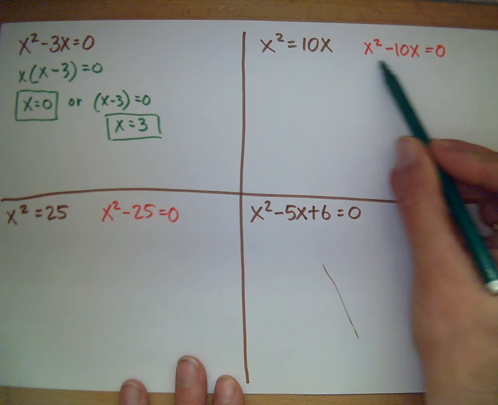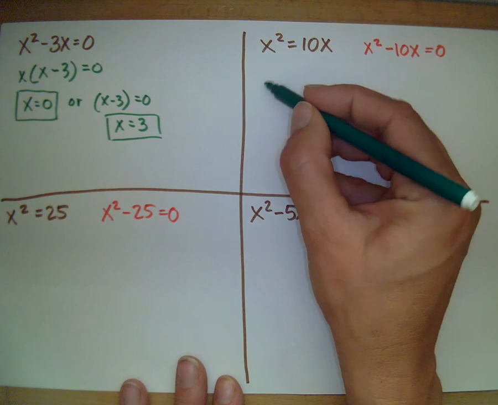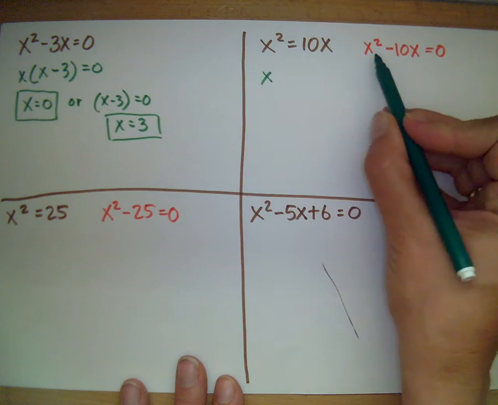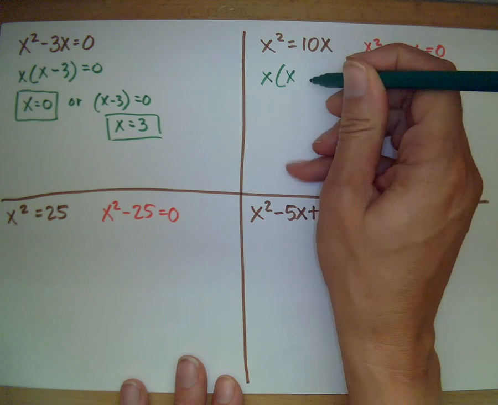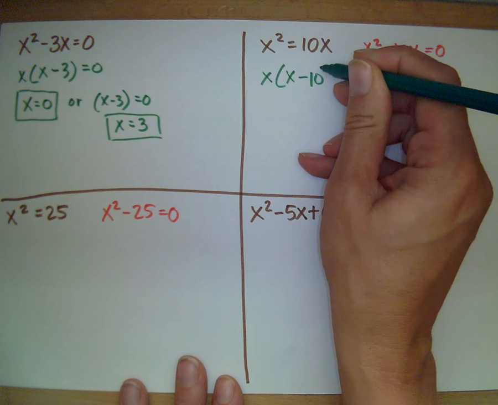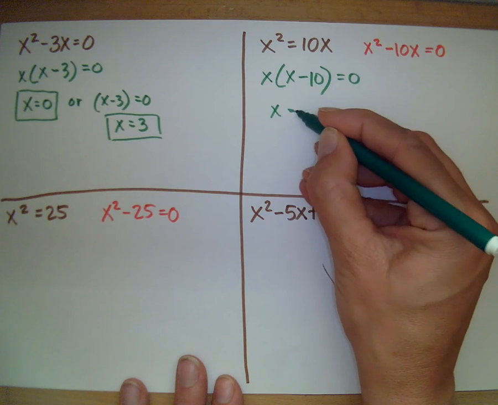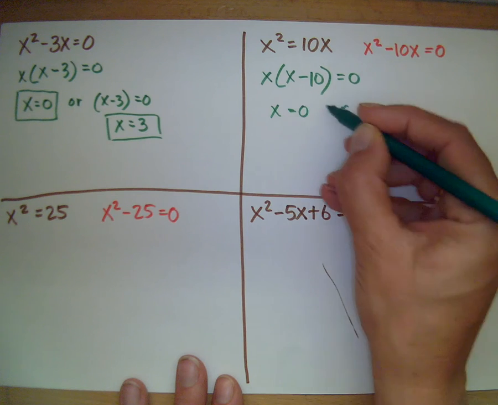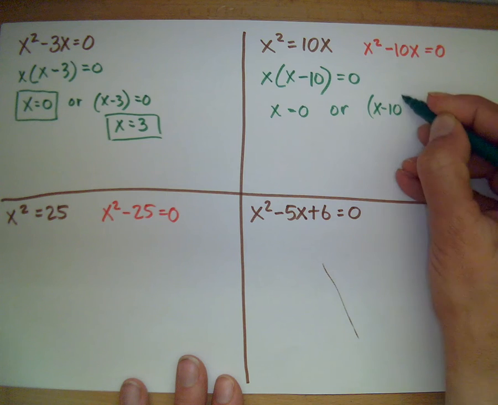We're going to factorize this. There's a common factor of x, so x times (x minus 10) is equal to 0. That means that either x is equal to 0 or this factor, x minus 10, is equal to 0.